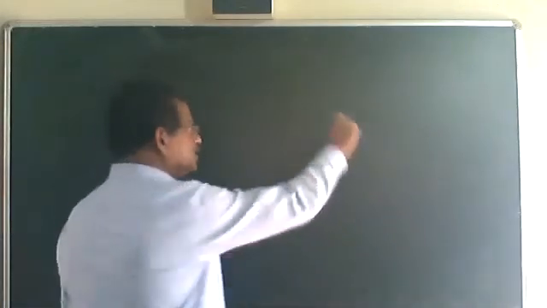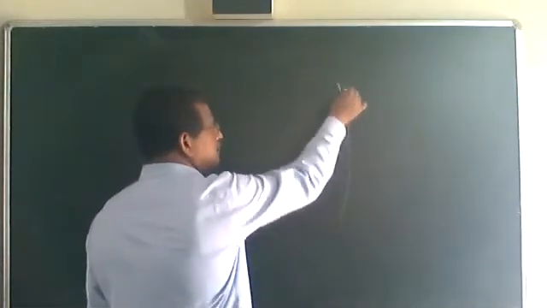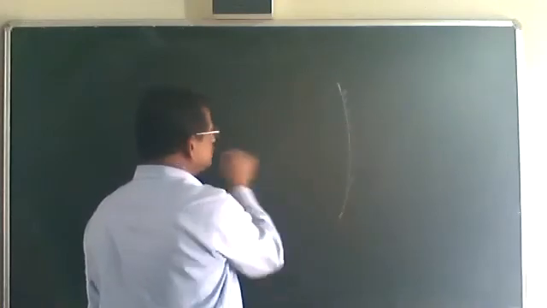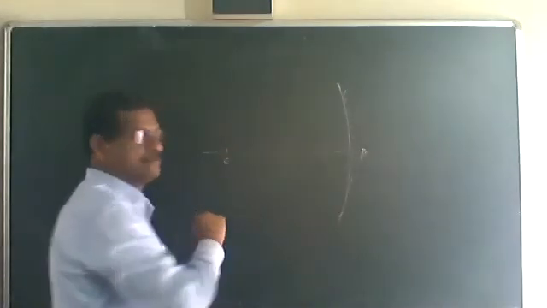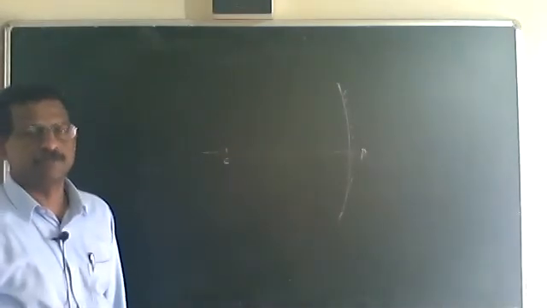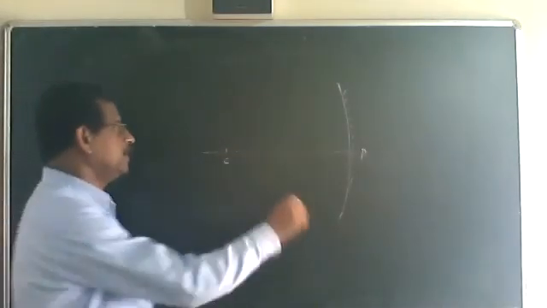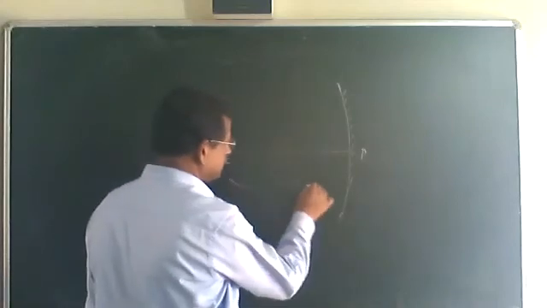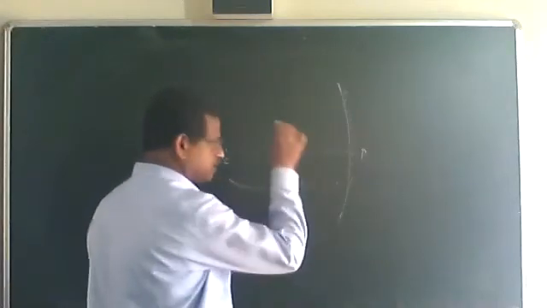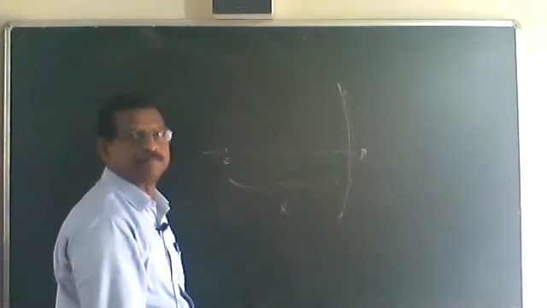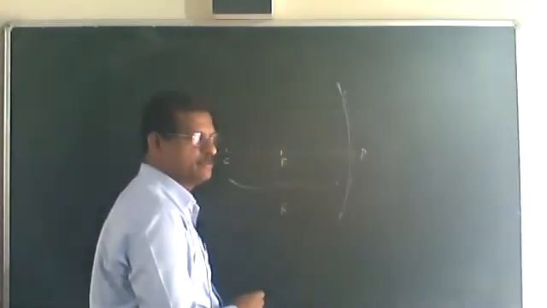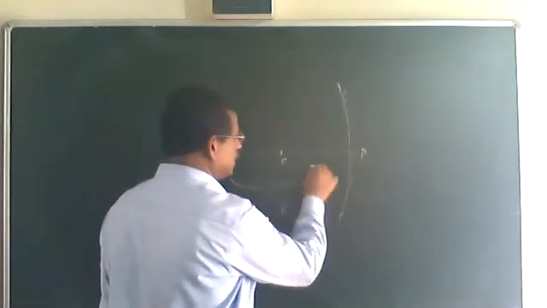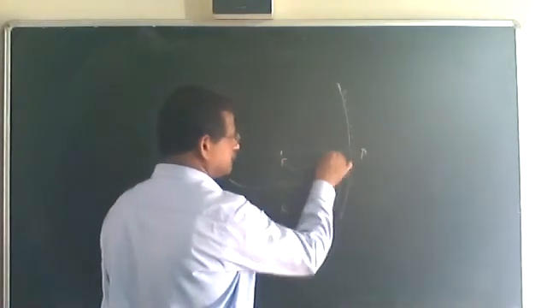Suppose you are given a concave mirror here. This is P, this is C. C is the center of curvature. The distance between P and C we call the radius of curvature, R. And this is the focus. The distance between P and F we call the focal length, small f.